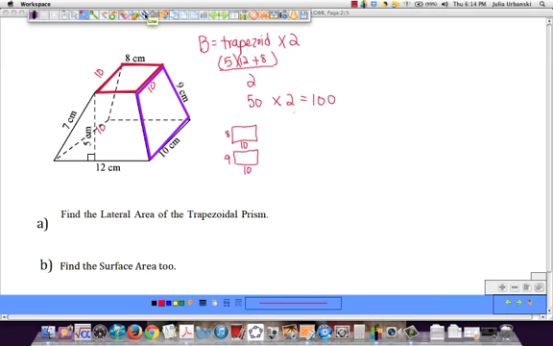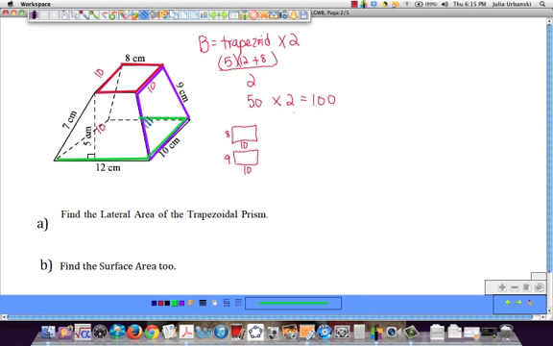Then we have another rectangle along the bottom. The bottom rectangle has the dimensions, the sides of 12 times 10. So we're going to have to include that rectangle in it. A rectangle of 12 times 10. And then we have the last rectangle over here on this side, and let's do that one in blue.